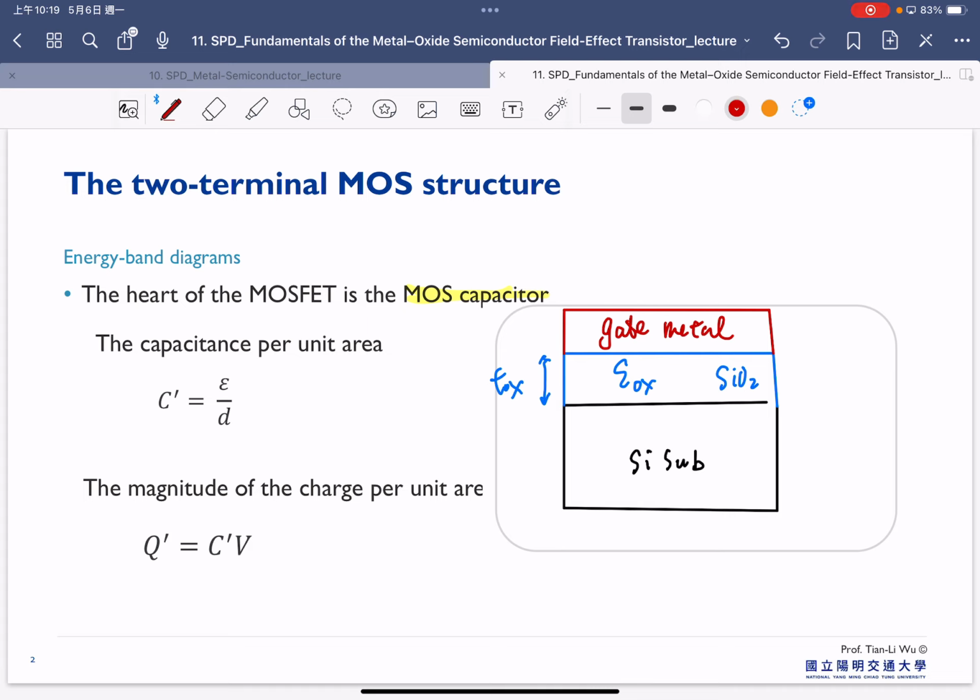Now you can see this is a very simple structure for the MOS capacitor. We start from here because once we understand the MOS capacitance, that can help us understand the MOSFET. The capacitance here can be calculated as shown, which is related to your dielectric constant over your thickness.